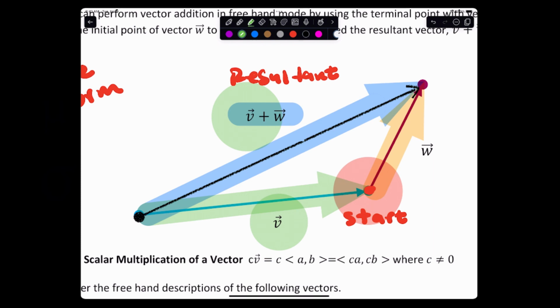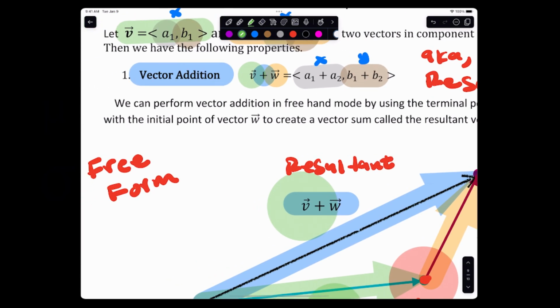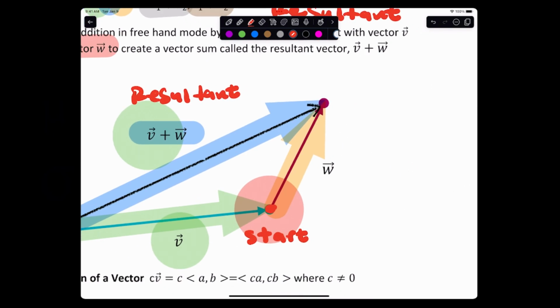So you say, okay, now what do I do? Well, you match it. In other words, you move vector W. And what you do here is you use the initial point for W. It's going to be that same point here. So here is the W vector, if I can find the highlighter. And all you do is put the initial point, the starting point for vector W, and maybe I'll put that in orange here. So we're going to match the terminal point for vector V with the what?